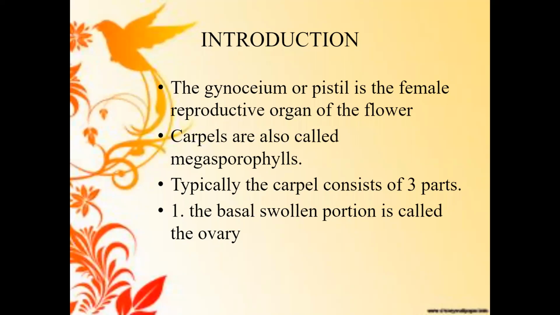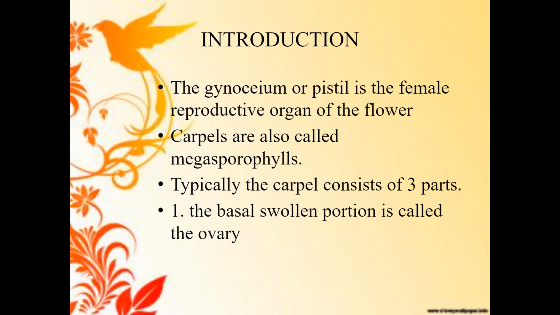The stigma is the terminal end of the style, upon which the pollen grains fall, and it is generally knob-like and sticky in nature. The style is the slender projection of the ovary. It bears the stigma at its terminal end, and the surface of the style may be smooth or covered with hairs.